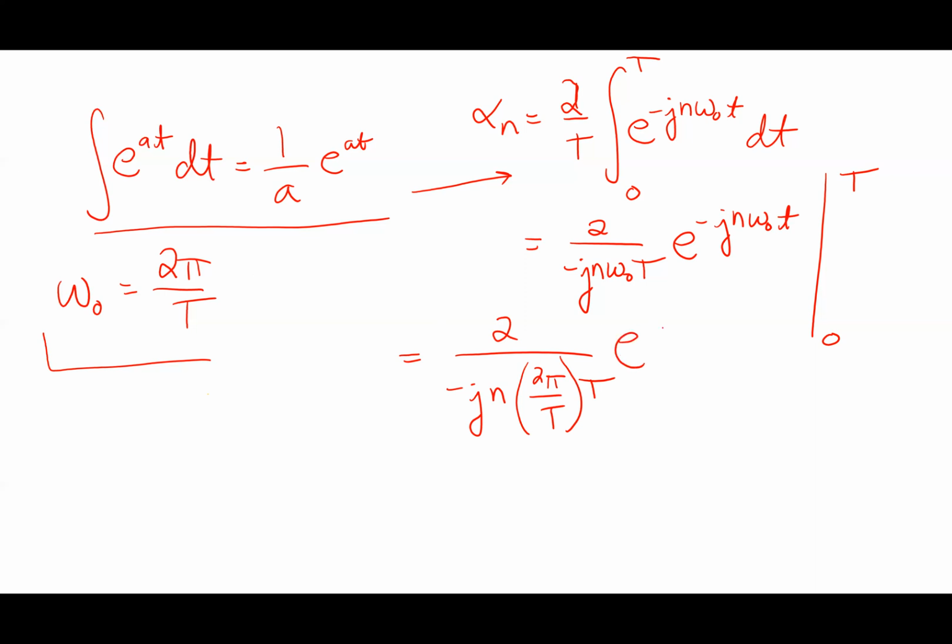And then similarly here, e to the negative j n omega naught t, I can do the same thing, n times 2 pi over T times t, and integrate from 0 to capital T.